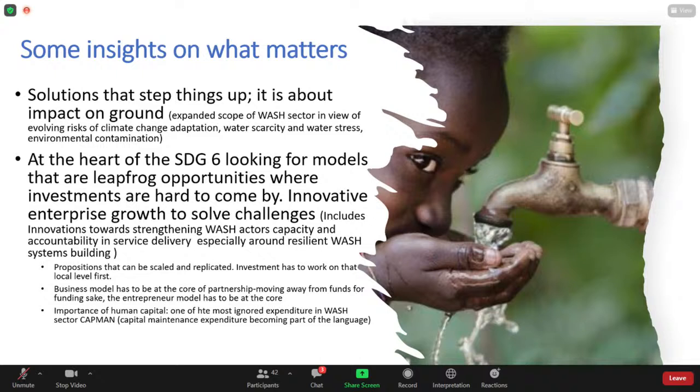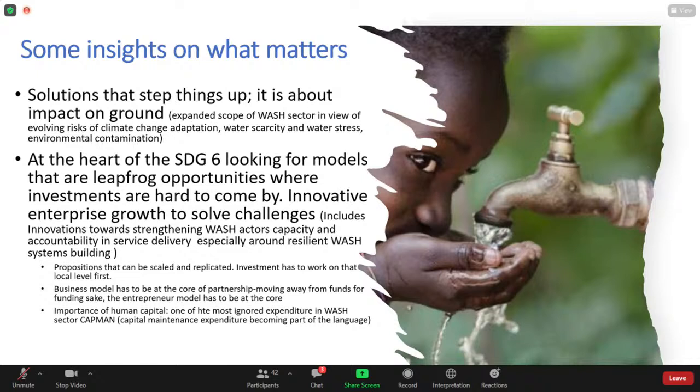Then, of course, when you're talking about enterprise engagement, you're looking at also innovations that would strengthen the WASH actors' capacity and accountability in service delivery. I'll talk about this in my next slides, particularly if we're talking about resilient systems that would sustain communities over time.